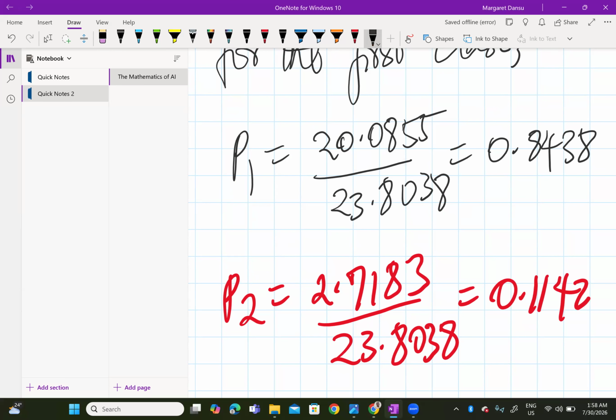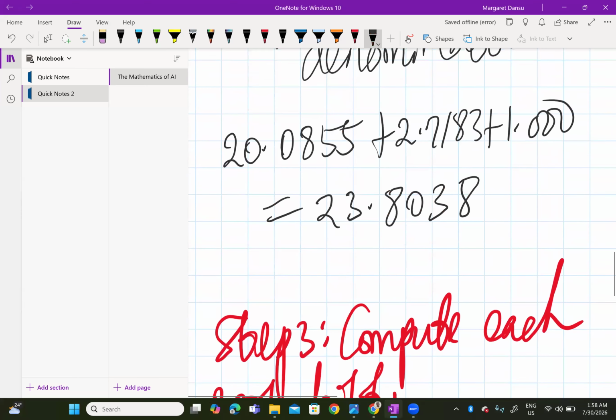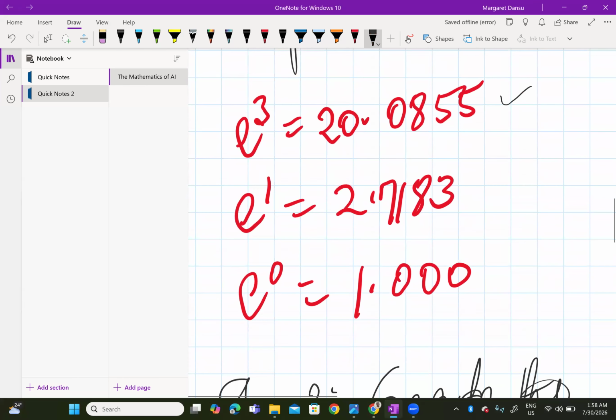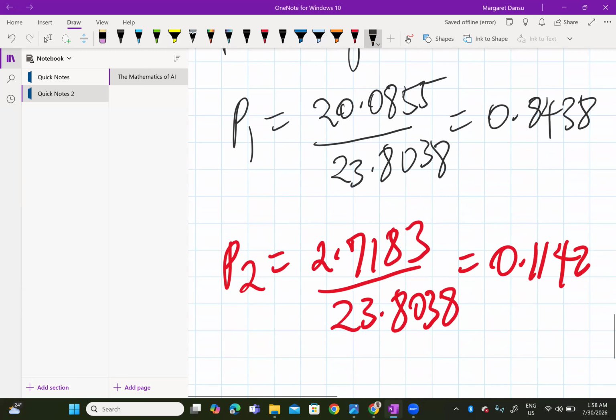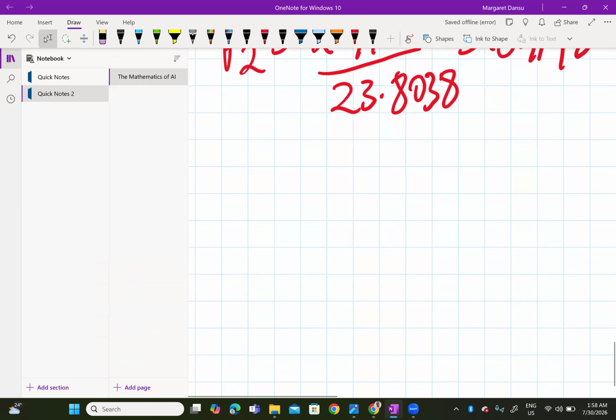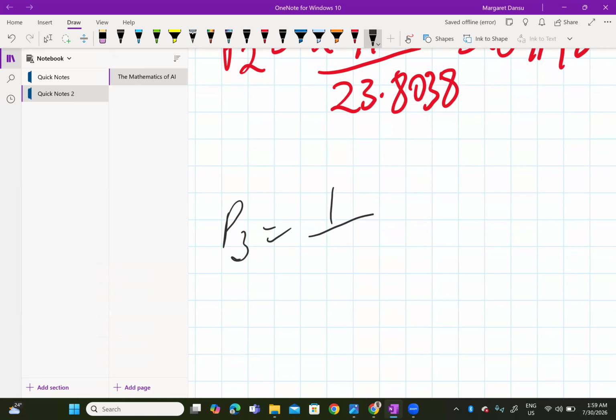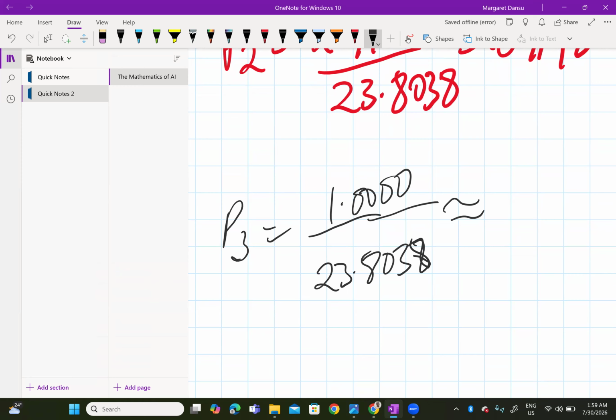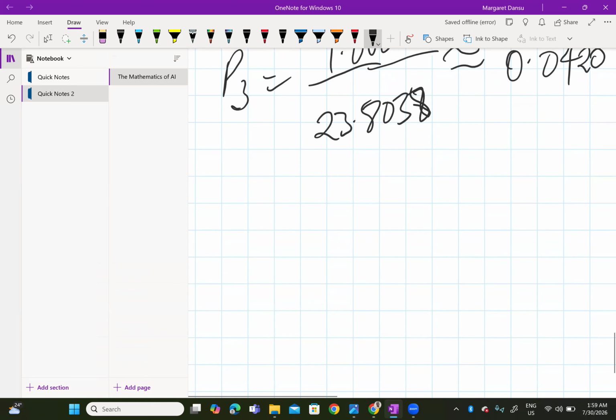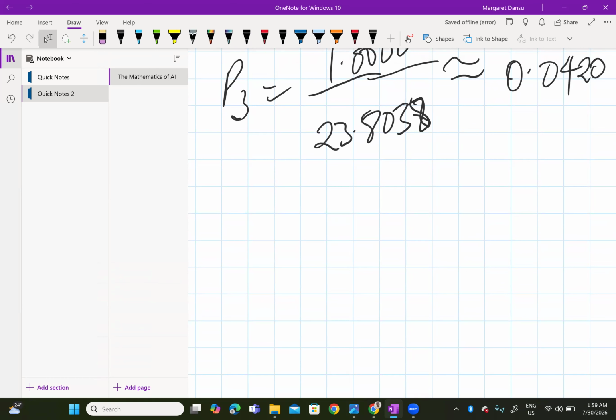And then we have the third one, P3, which is 1.000 all over 23.8038, and that is approximately 0.0420.